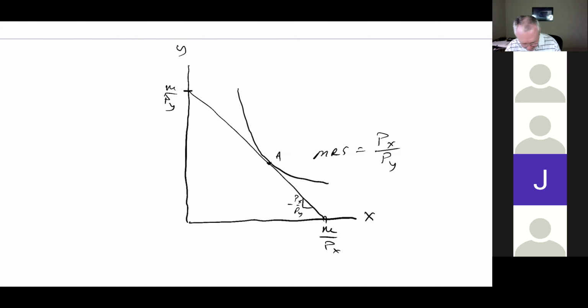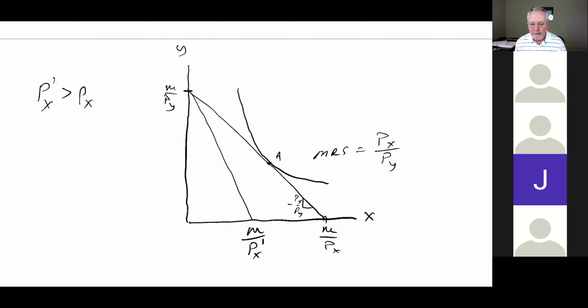Now, we know this. We know that if the price of X were to go up, the individual would lose purchasing power, and the budget constraint line would pivot in to reflect this reduction in purchasing power. And so if we have this new price of X that's greater than the original price of X, then my consumer can buy less X, of course, but notice for any consumer who buys some X, the consumer also loses the ability to buy Y as well.